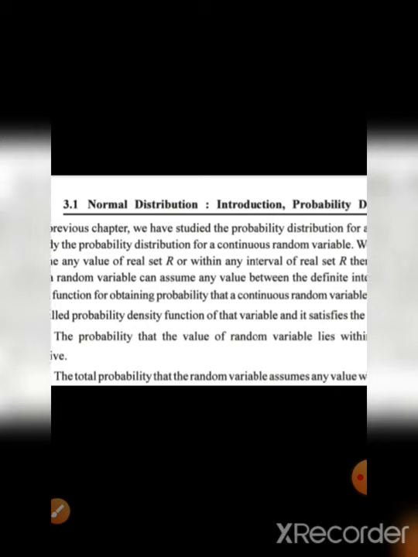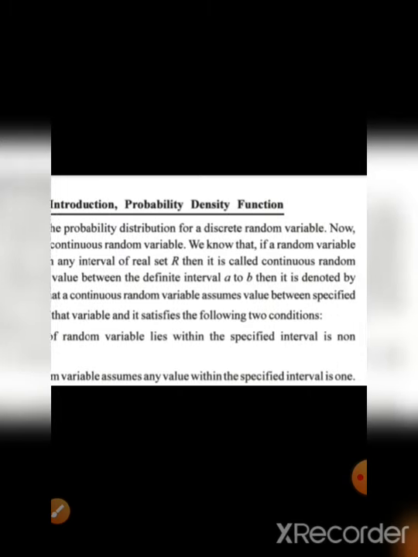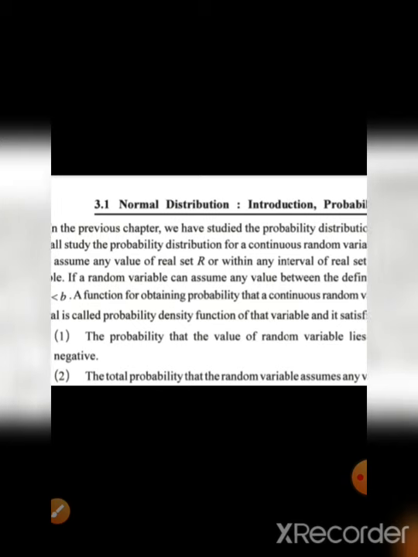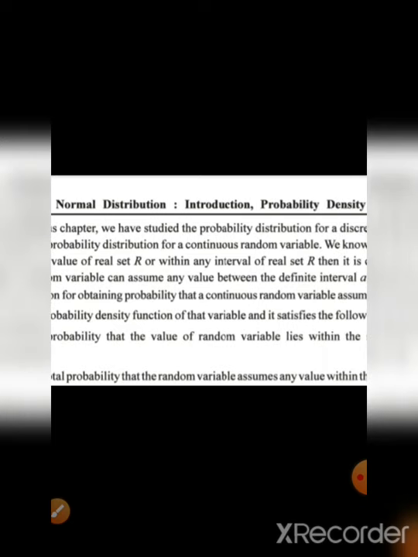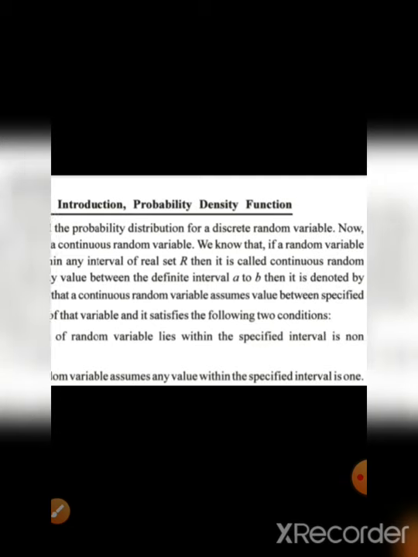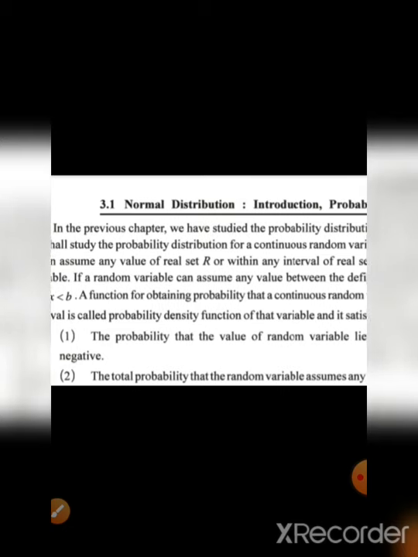Now for the probability density function, we are going to talk about two conditions under which it could be applied. First of all, the first condition is that the probability, or the value for the random variable which lies between the specified intervals, should always be a non-negative real number.